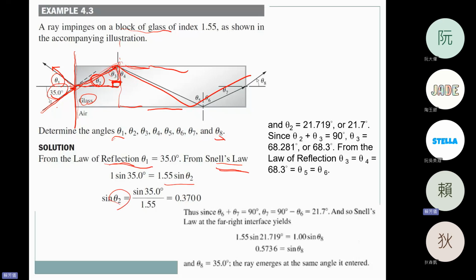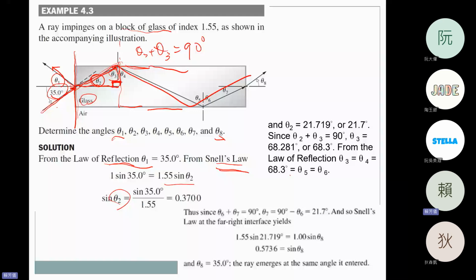So we know theta 2 plus theta 3 will make a right angle, so we can easily calculate theta 3. For theta 4, it needs to follow the law of reflection, so theta 3 is equal to theta 4. With this method we can easily calculate every angle here.